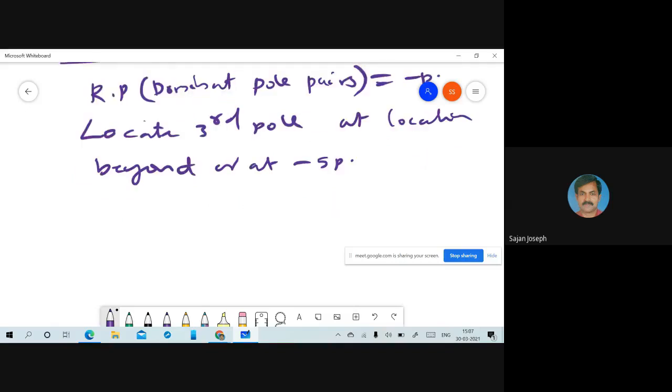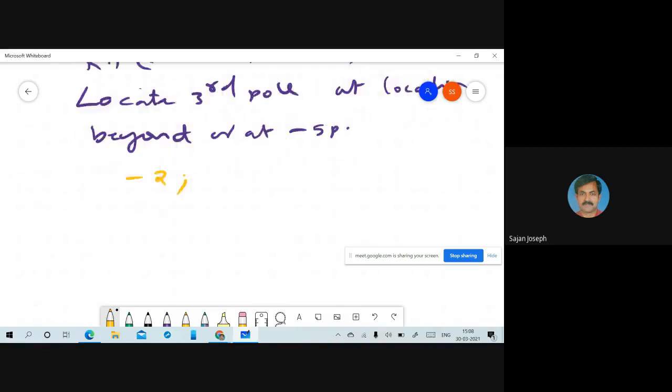For example, in our case, the dominant pole pair has real part minus 2. Then the third pole can be located at or beyond 5 times minus 2, that means minus 10.